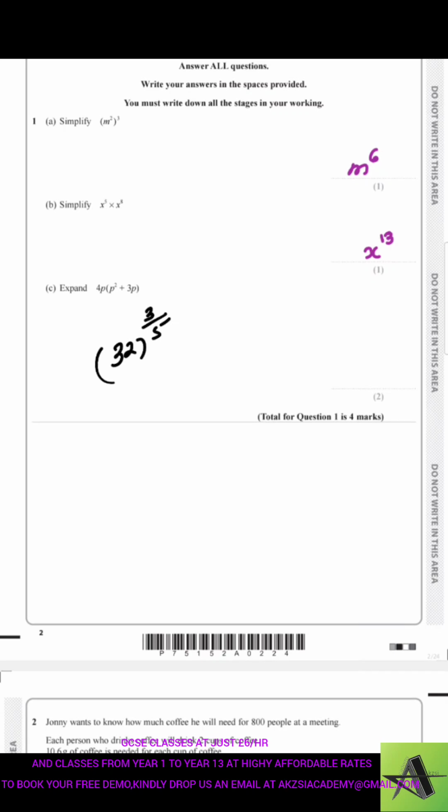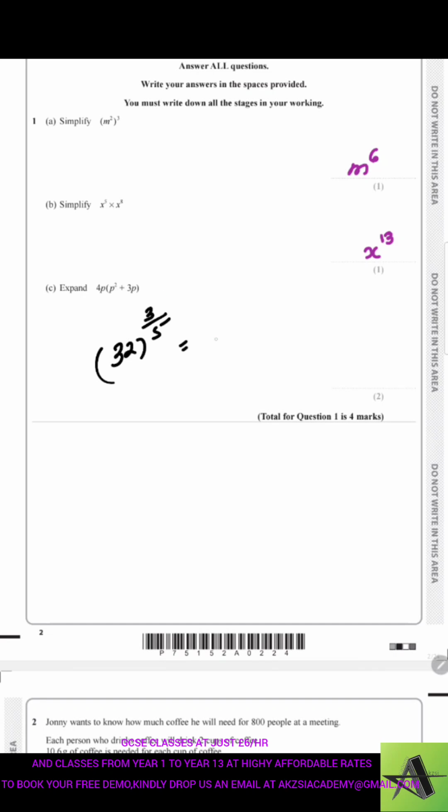That means try to convert the base number into index form, like a to the power of m form. And this can be done by prime factorization. That's the easiest way. Prime factorization is finding all the prime numbers by the factor tree method. If you're not aware, just go back and see the previous paper solution, you will get it there.